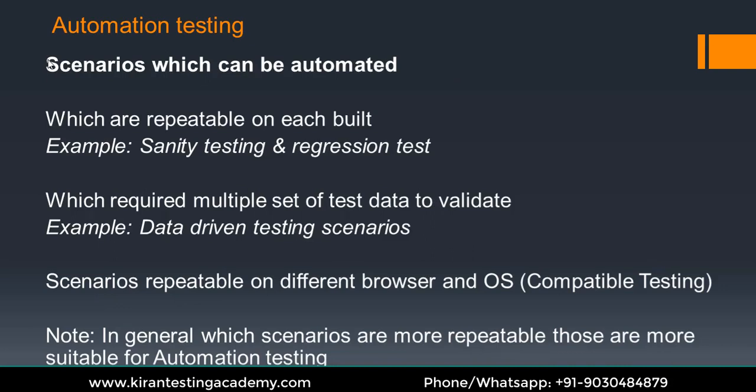So here we are going to discuss what scenarios are best suitable for automation testing. I can say each and everything can be automated, but the best scenarios are the ones which are quite commonly repeated.